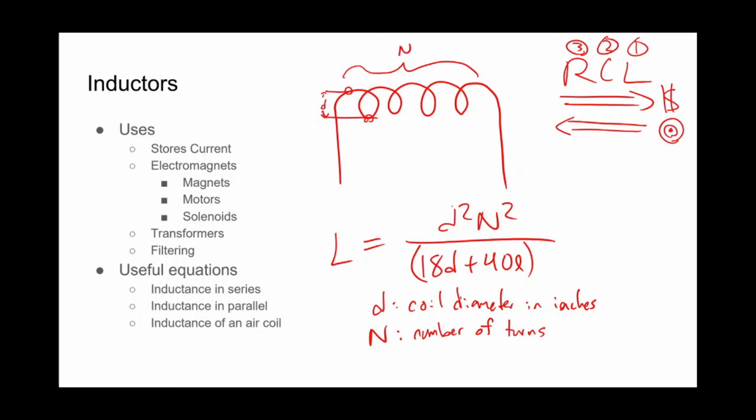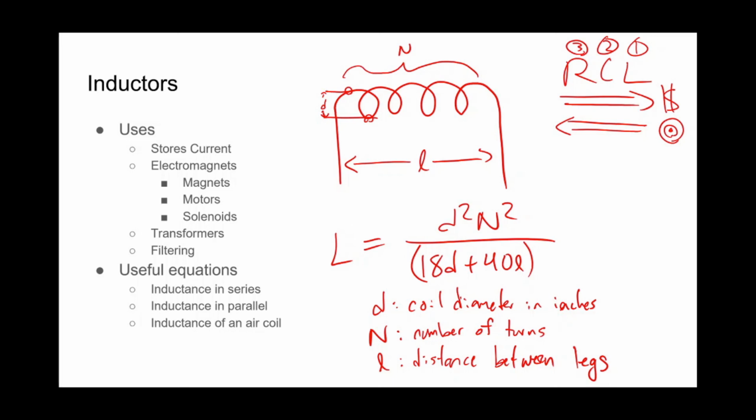And L is the distance between the legs, also in inches. And what that boils down to is kind of how spread out the inductor is. So the more spread out it is, the less the inductance, which makes sense, right? You want that coil to be tight if you want a higher inductance.